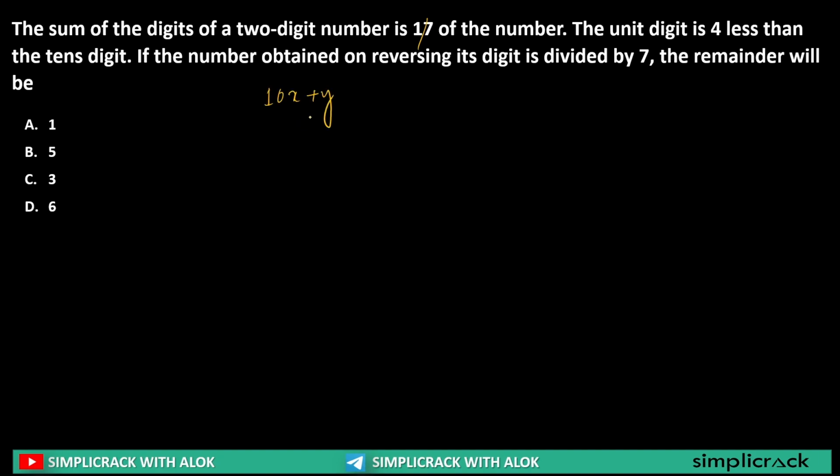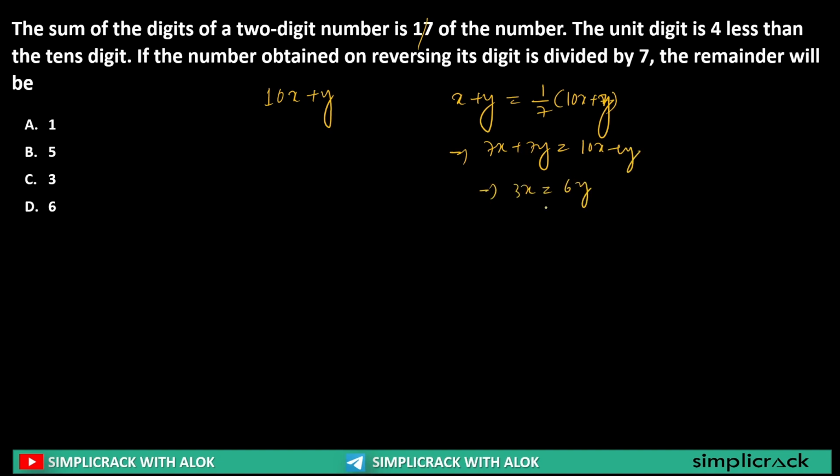What it is saying is that x plus y, the sum of the digits, is equal to 1 by 7th of 10x plus y, or it can be written as 7x plus 7y is equal to 10x plus y, or 3x is equal to 6y, or x is equal to 2y.